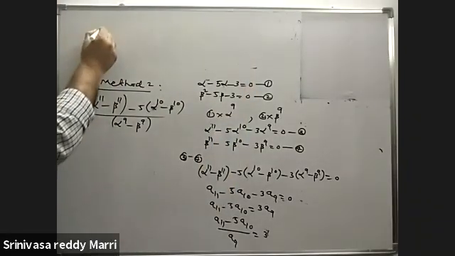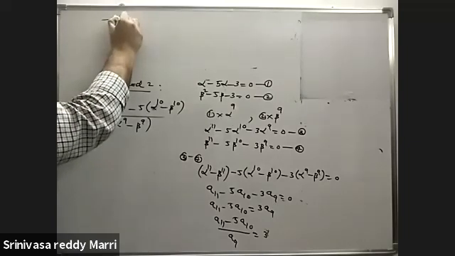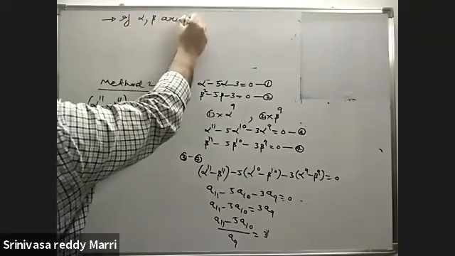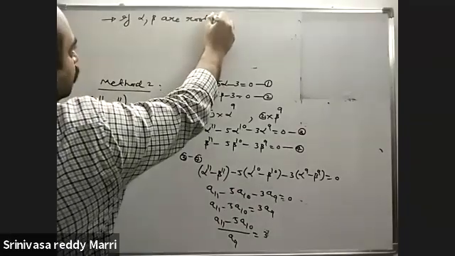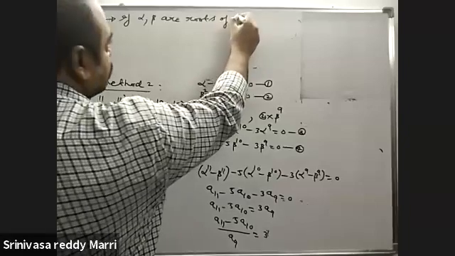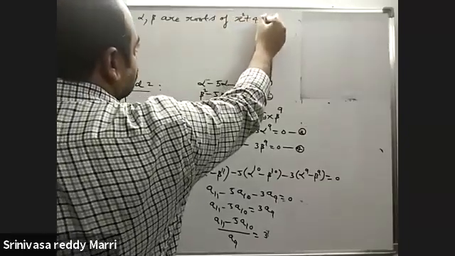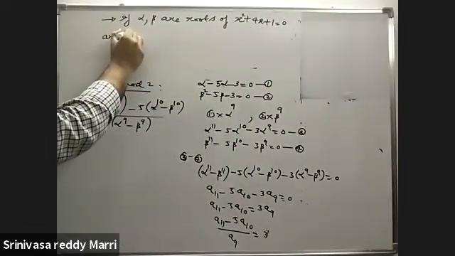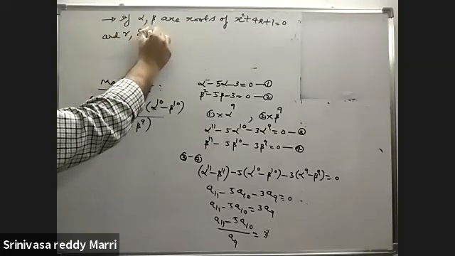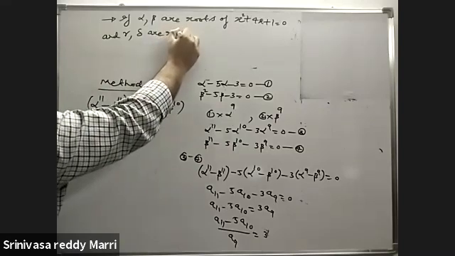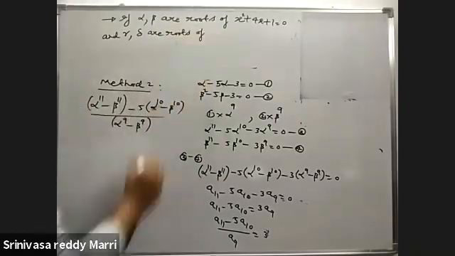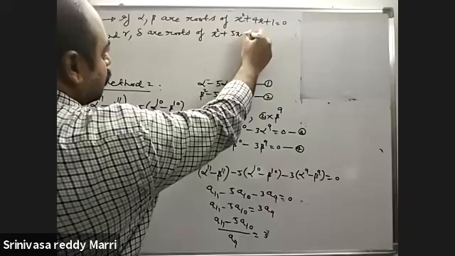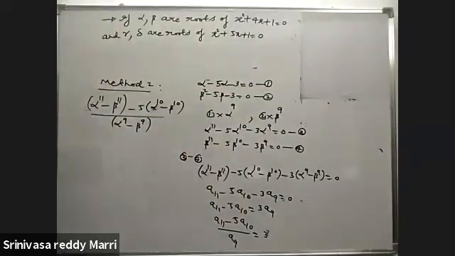Look at the next problem. If alpha, beta are roots of x square plus 4x plus 1 equal to 0, and gamma, delta are roots of x square plus 5x plus 1 equal to 0.